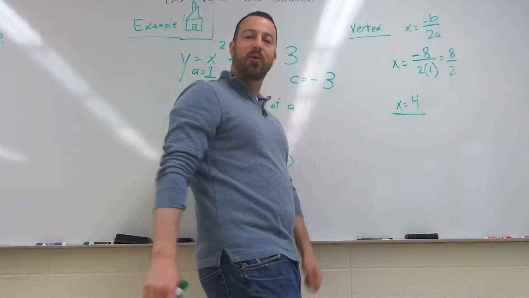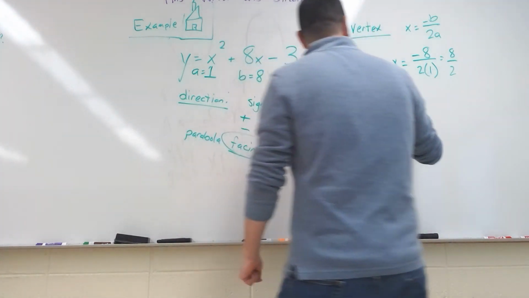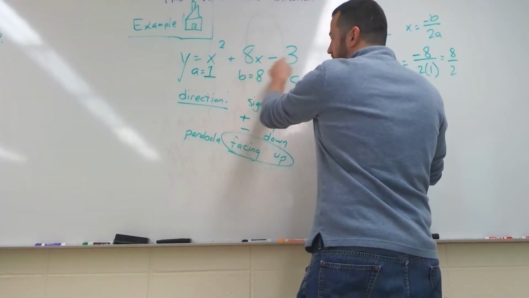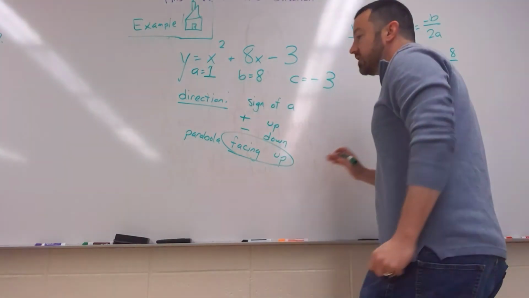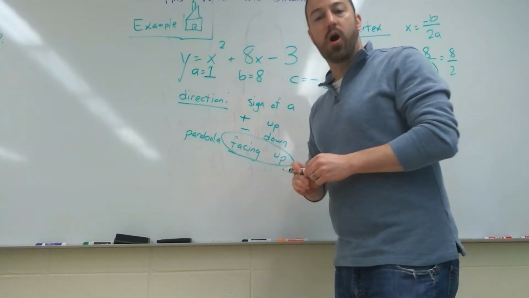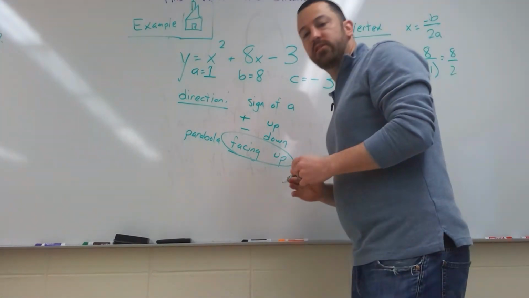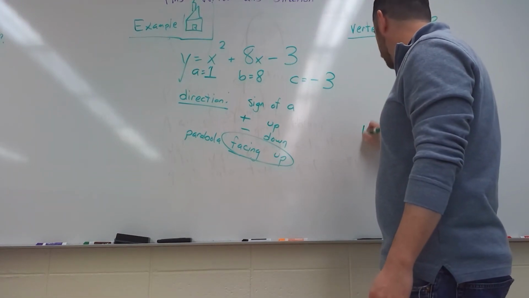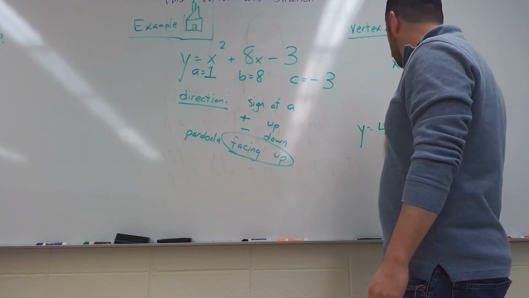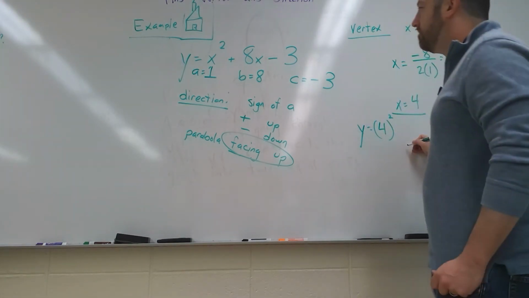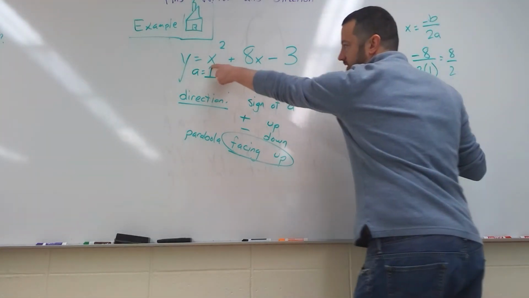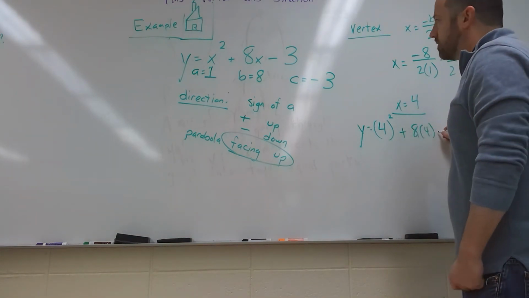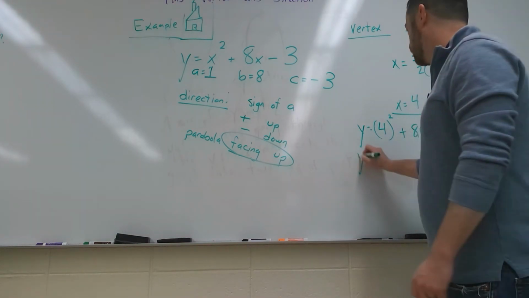Now I need to find the y-coordinate of the vertex. All I'm going to do is take that 4, and I'm going to plug it in for x in this function, and that's going to give me the y-coordinate. Now, you'll have the benefit of using a calculator, but I will do it on here regardless. 4 squared plus 8 times 4 minus 3.